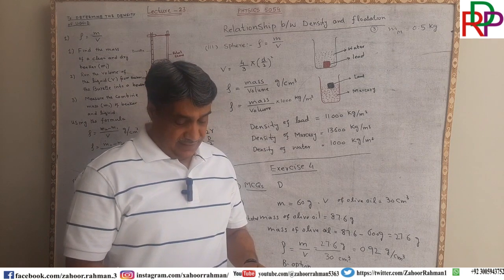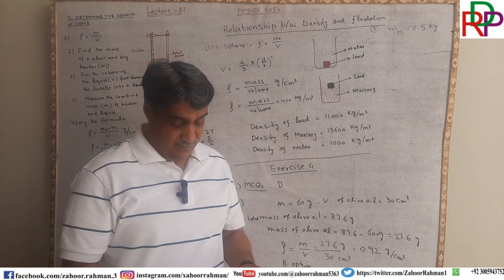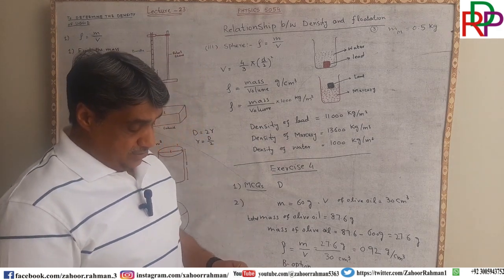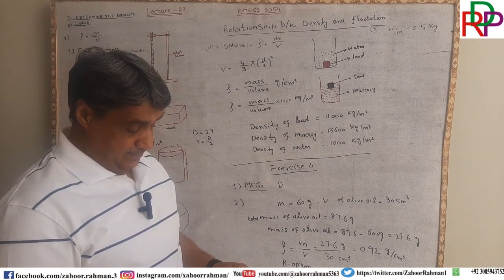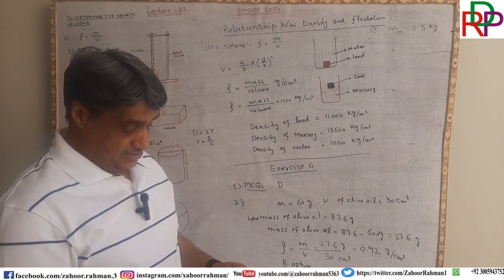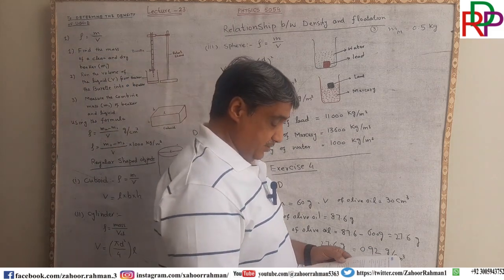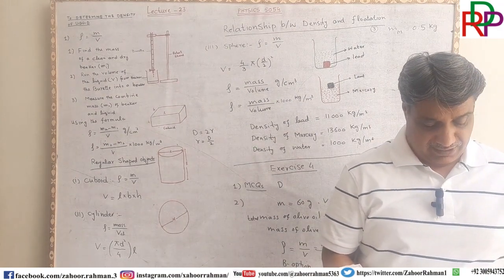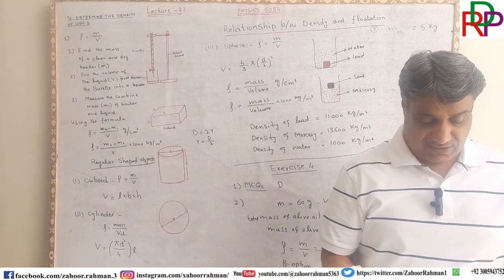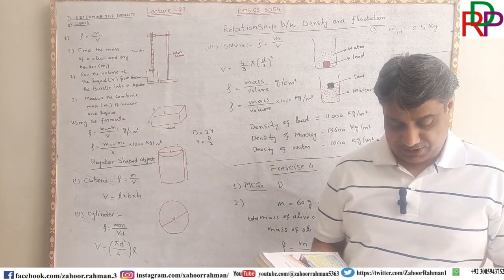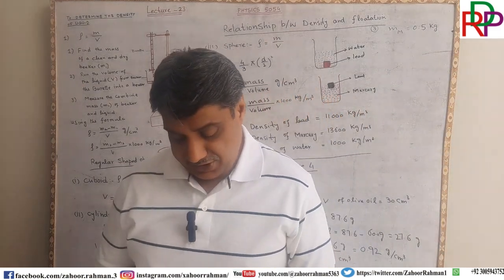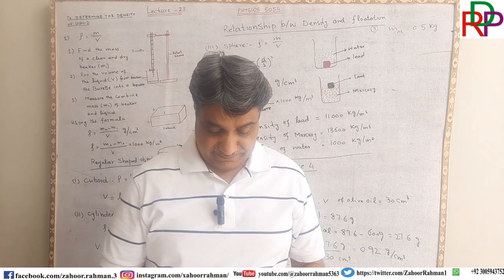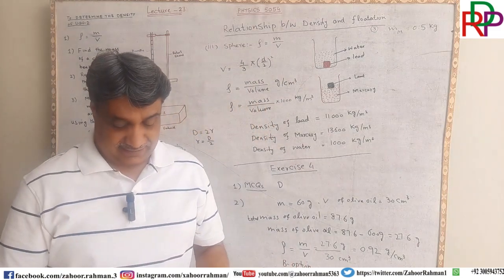So the rock will have less mass and less weight. Ladies and gentlemen, I told you that mass cannot be changed anywhere, whether you are on the moon or on the earth or everywhere. So less mass and less weight is absolutely not correct. It is wrong. B part is saying less mass and the same weight. No, it is also not correct.